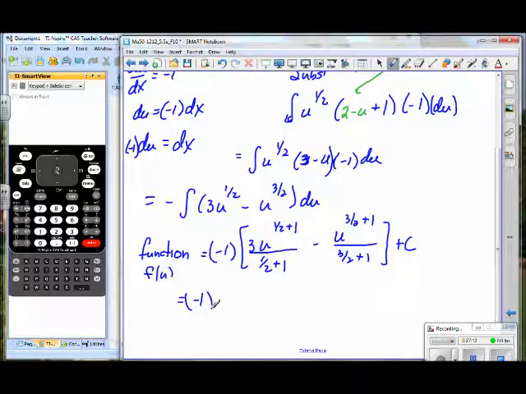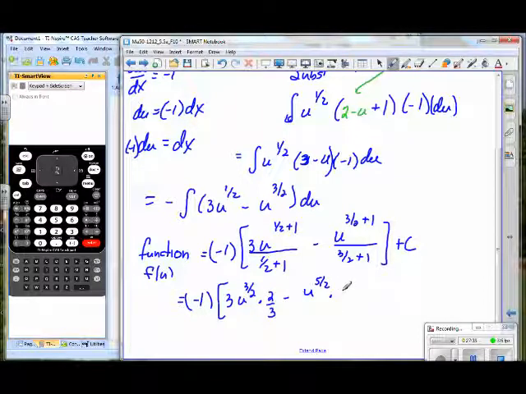So we have negative 1. We would have 3u to the 3/2 divided by 3/2. To divide by 3/2 is to multiply by the reciprocal. Minus u to the 3/2 plus 1, that would be 5/2, divided by 5/2.